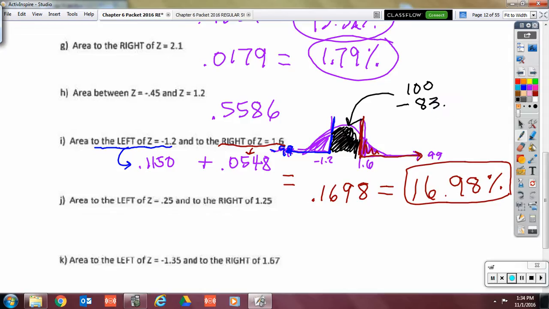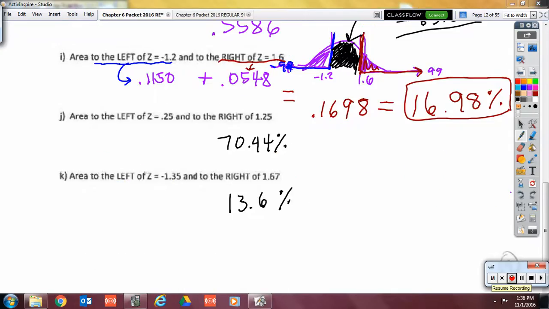So you could have done 100 and take away this middle section, and that would leave you with the ends left. Okay? So you have two ways in which you could figure that out, and whichever way you do is fine. All right, so finish up the rest of those, and we'll see how you do.